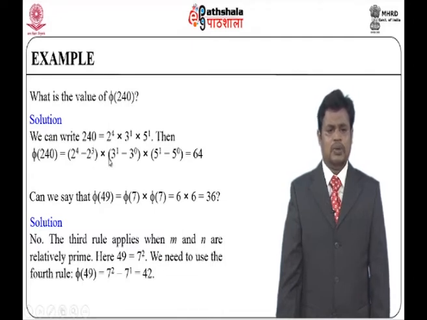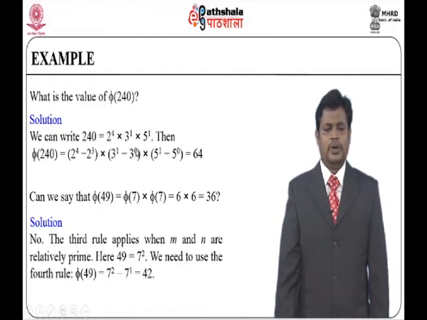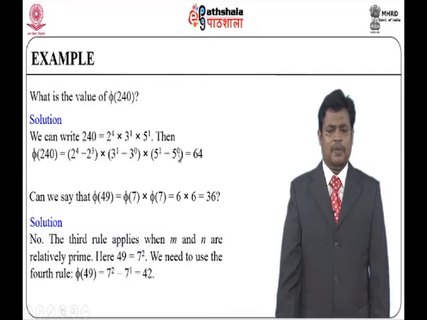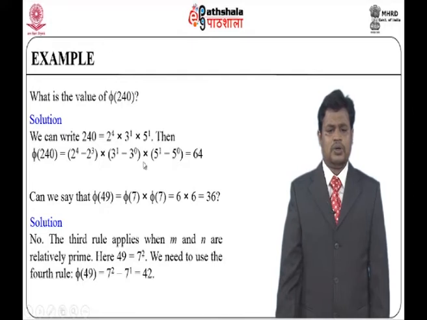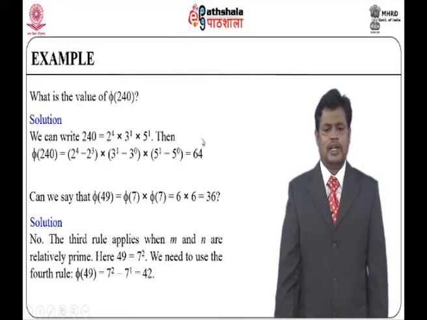That is what is mentioned at this point, where phi of 240 is equal to 2 power 4 minus 2 power 3, then 3 power 1 minus 3 power 0, and 5 power 1 minus 5 power 0. When I simplify that, I will get 64.